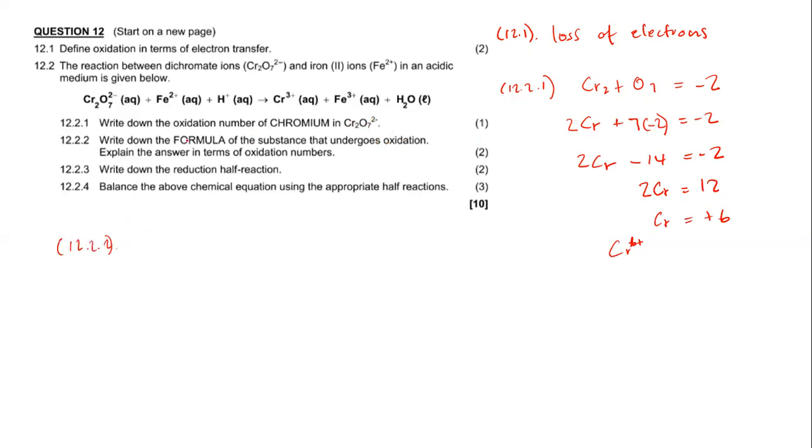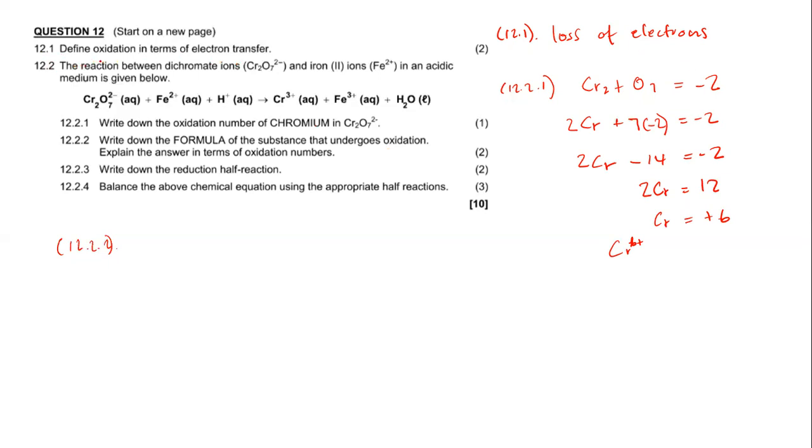12.2.2. They say to us, write down the formula of the substance that undergoes oxidation. Explain the answer in terms of oxidation number. So basically, this is the same as 12.1, where I said define oxidation in terms of electron transfer, loss of electrons.